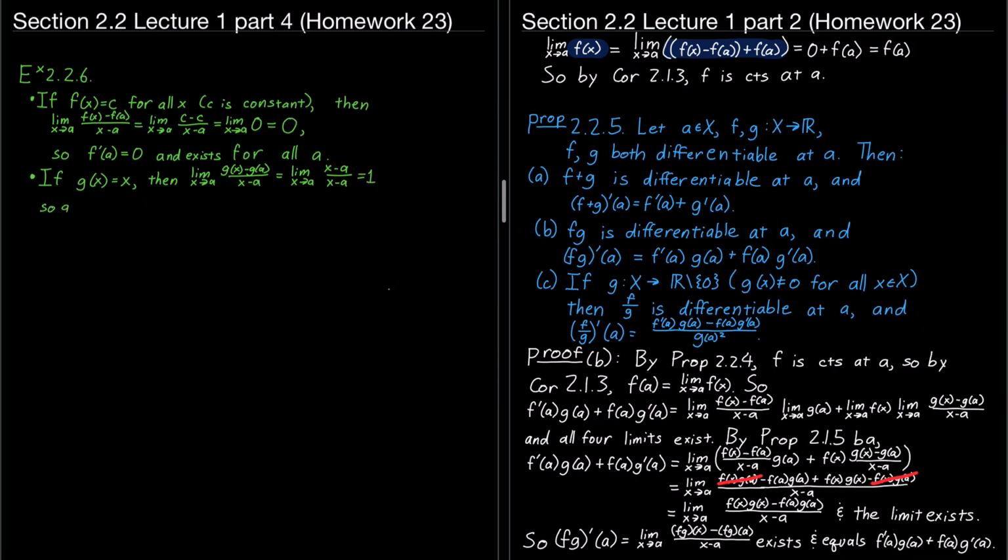So g prime of a exists and is equal to 1 for all a. Note that we can write this one as 1 times a to the 0, because after all any number to the power of 0 is just 1.